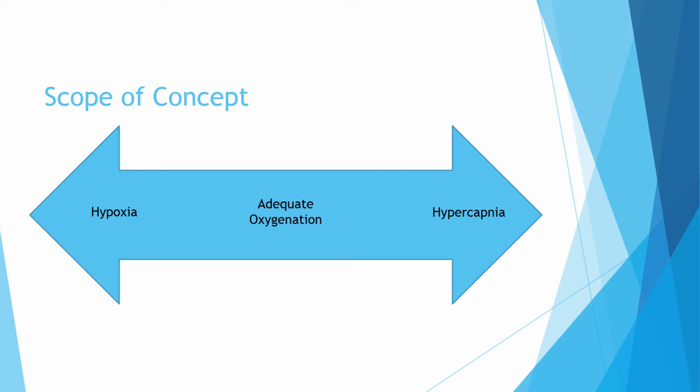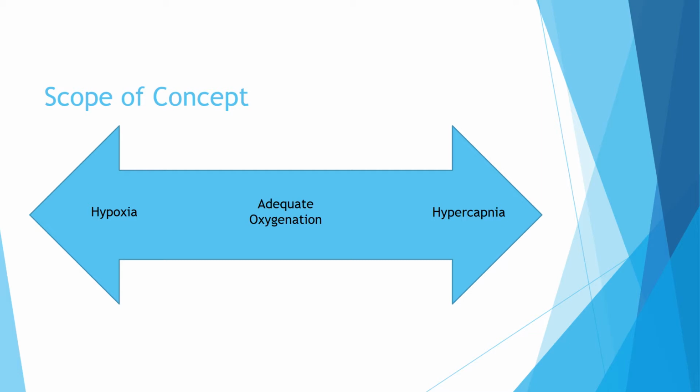Patients who are hypoxic are going to act restless, may be very agitated, have a change in their mental status, become confused, diaphoretic, tachycardic, tachypneic, and hypertensive.